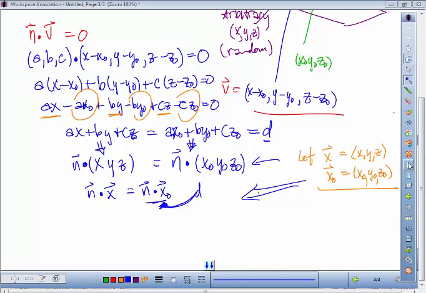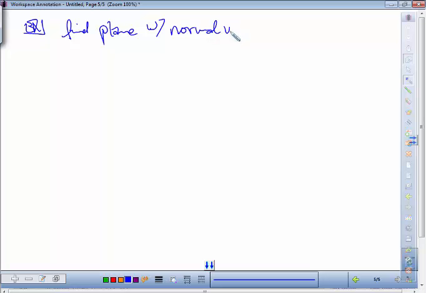All right, let's do an example. Let's make up a vector that this plane is going to be perpendicular to. Find a plane with normal vector n is equal to, now let's come up with a normal vector. Draw 3 numbers. 1, 2, 3. Yeah, it's creative.